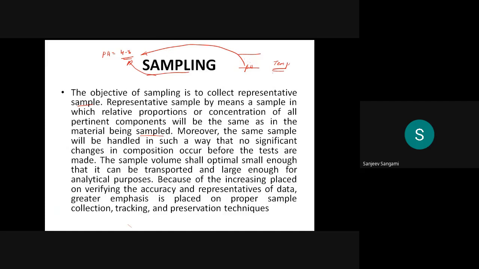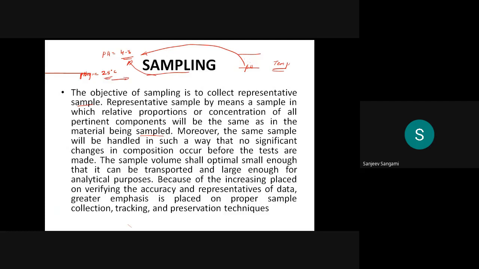Temperature of the sewage is also a very important characteristic. Assume that whenever you are doing the sampling at the site or in the field, the temperature of the sewage is 25 degrees centigrade.